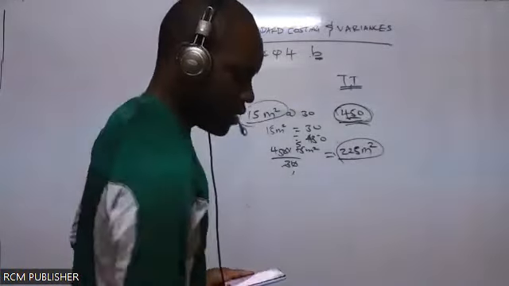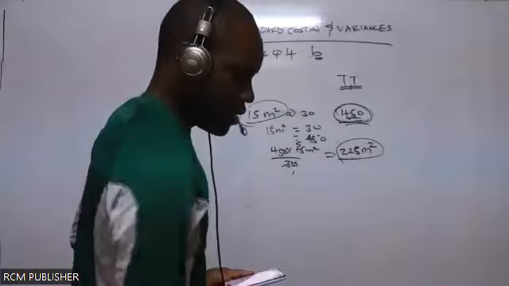Material usage variance will be equivalent to standard quantity minus actual quantity. Standard quantity in actual production. Don't forget that. Then actual quantity multiplied by the standard price.